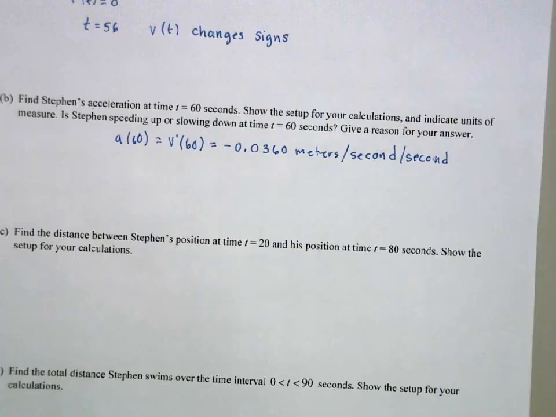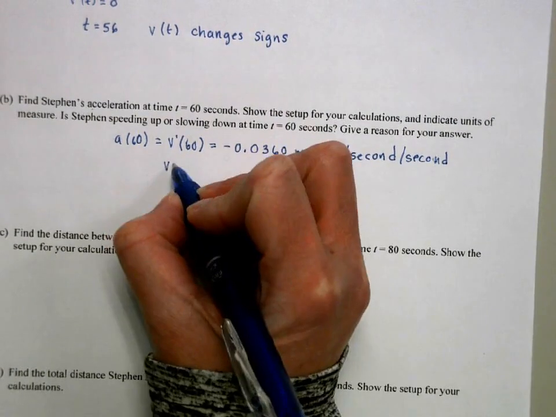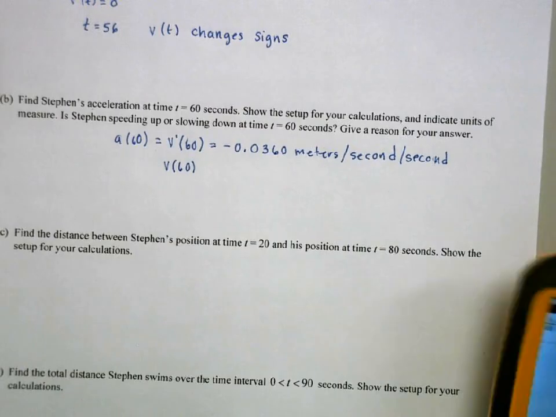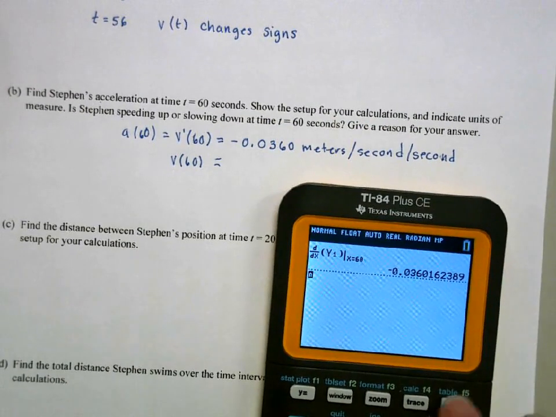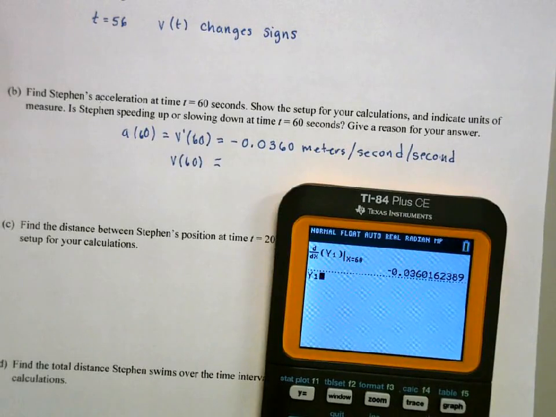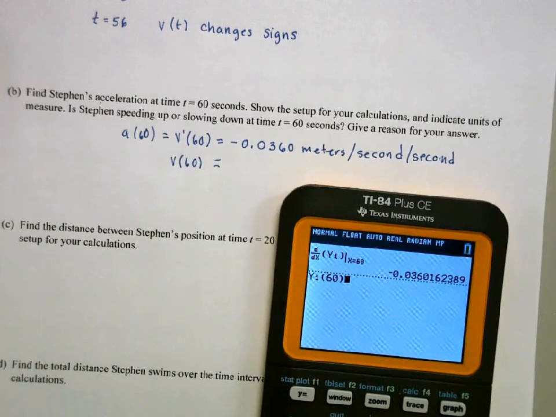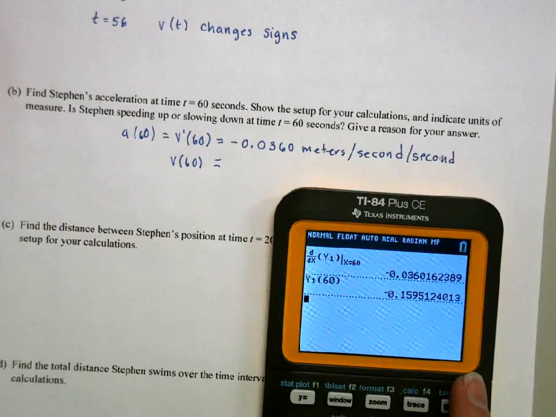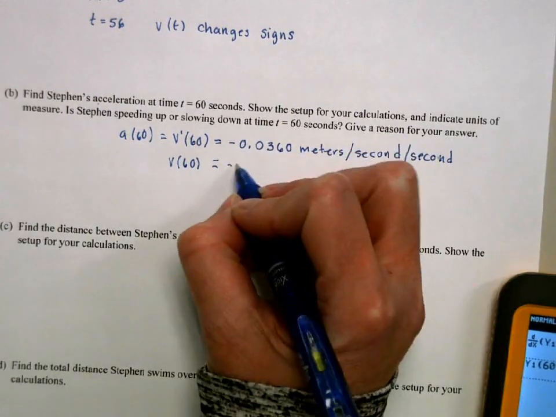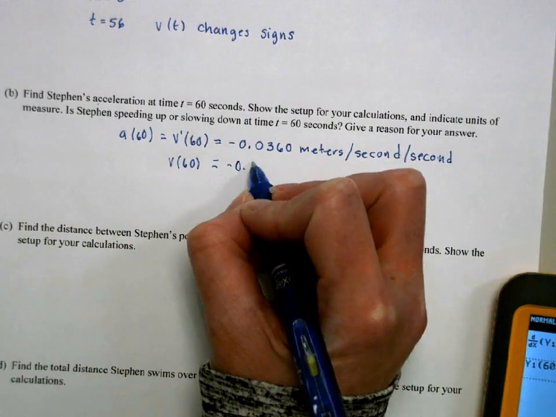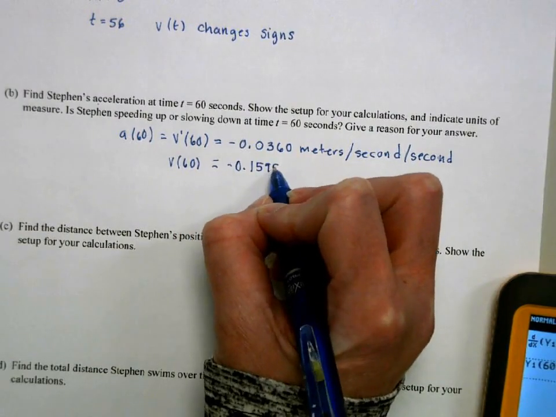So we know that the acceleration is negative. I'm going to take a look at what's the velocity at 60. So I'm just going to evaluate y1 at 60, which gets me a negative 1.1595.